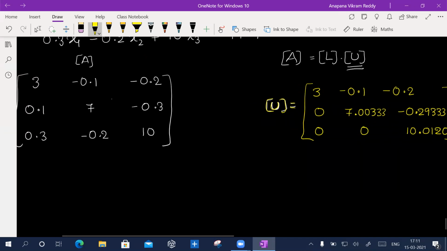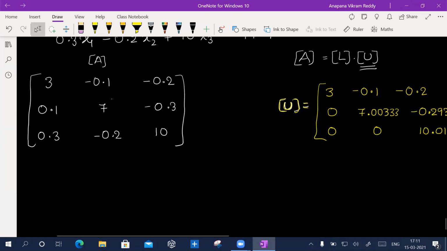Now we made the quantity below the pivot element 3 equal to 0, and the next quantity here, 0.